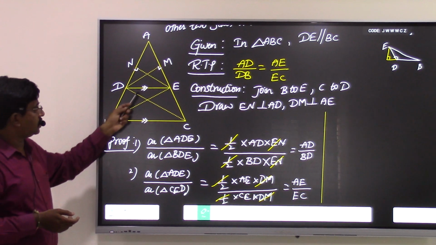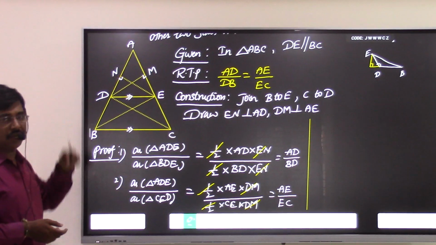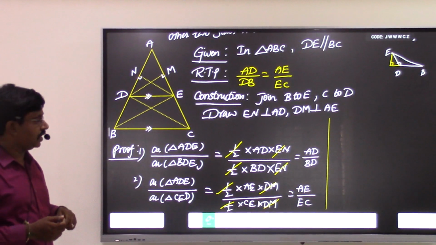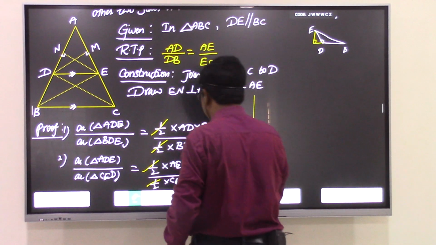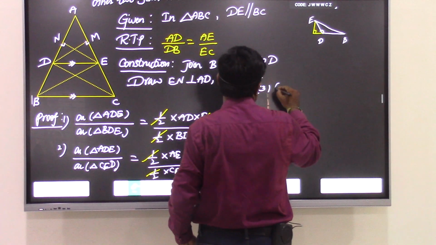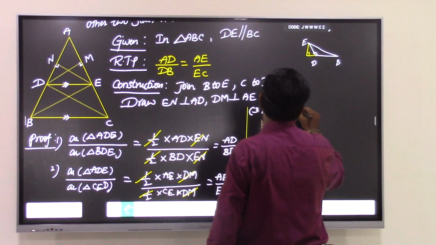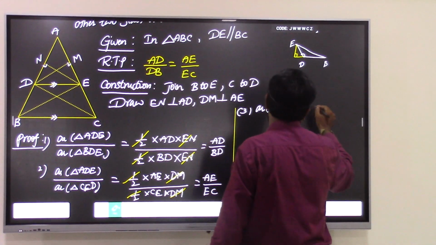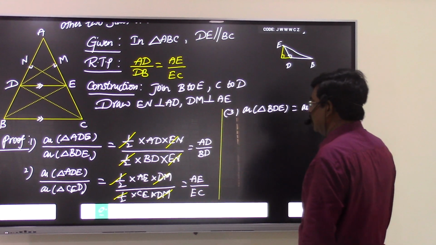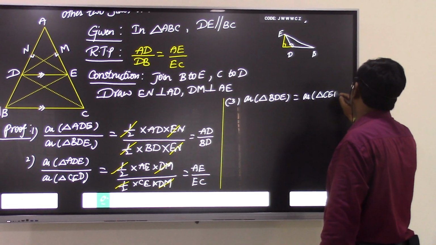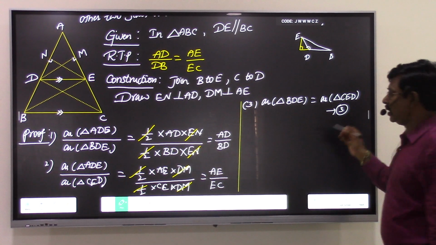If triangles are constructed on the same base and between the same parallel lines, the areas are equal. That we already studied in 9th standard. So the third point is: area of triangle BDE is equal to area of triangle CED.